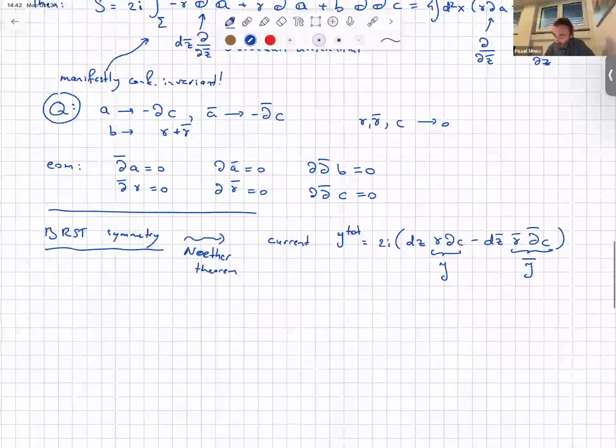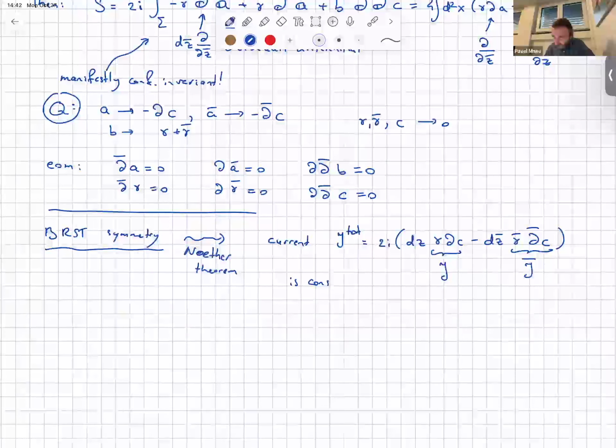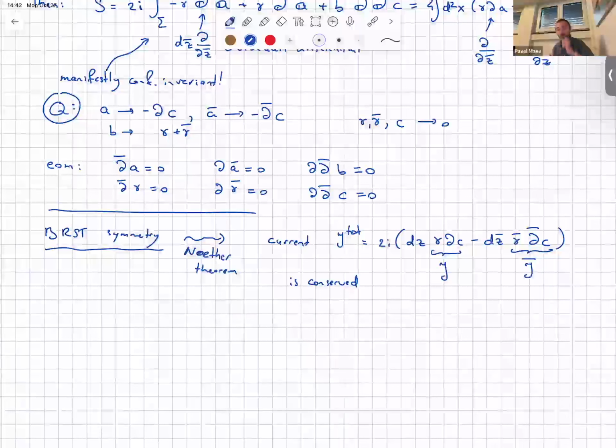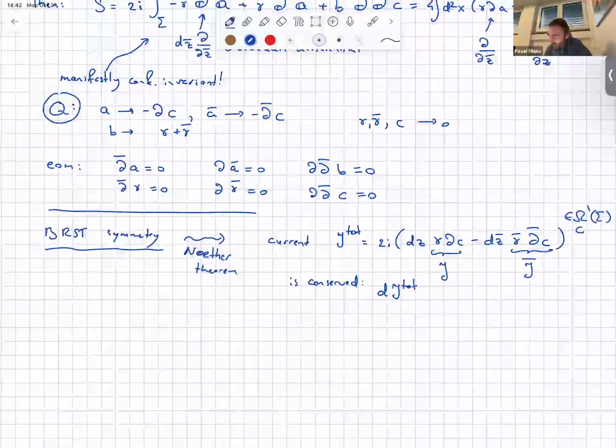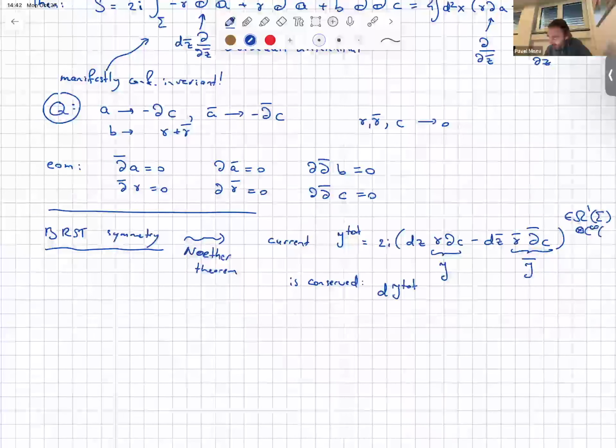So this current is conserved. This is what Noether's theorem gives you: currents that are conserved. This is a one form on our surface, but dependent on fields, so somehow tensor functions on fields, if you like.